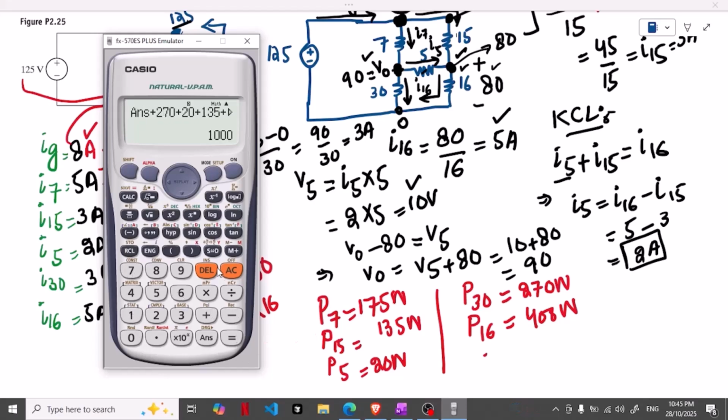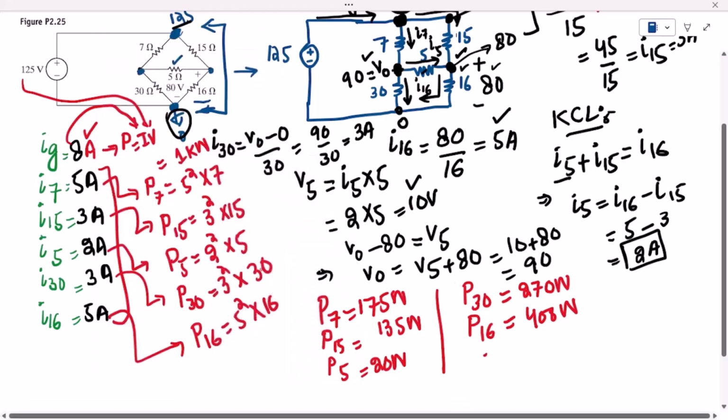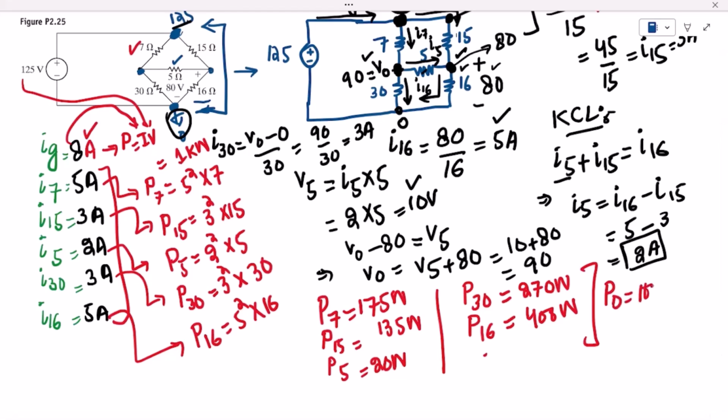The answer is 1000, which is the total power dissipated by all these resistors. Adding them all together, you have got that the dissipated power is 1000 watts, which is part A.